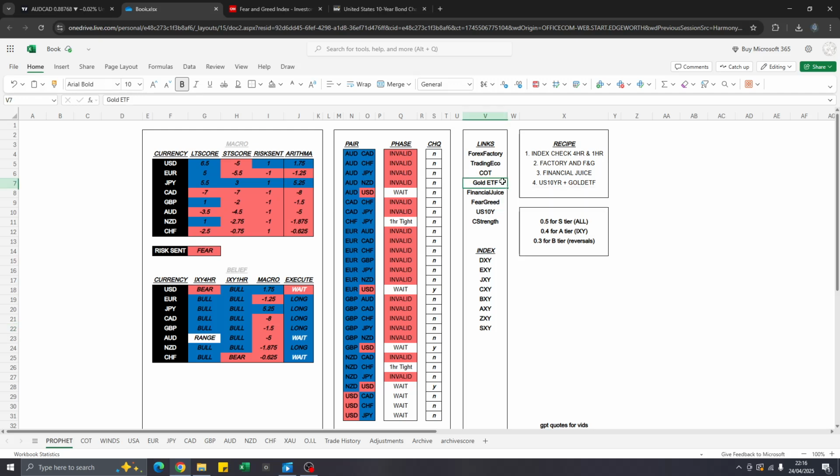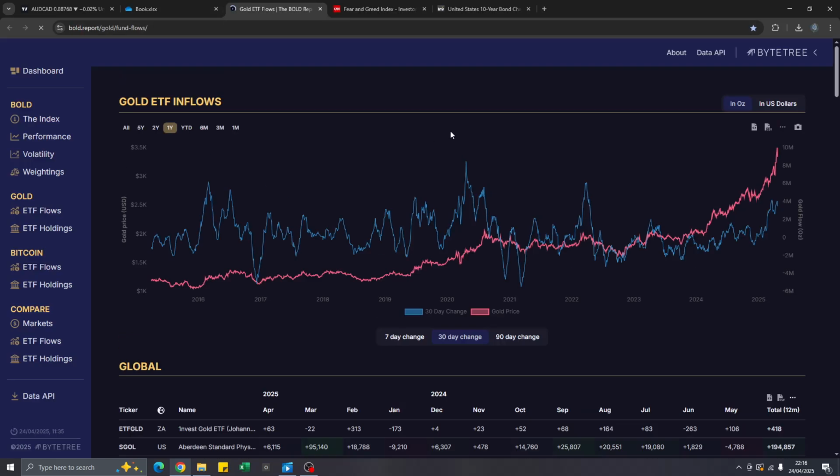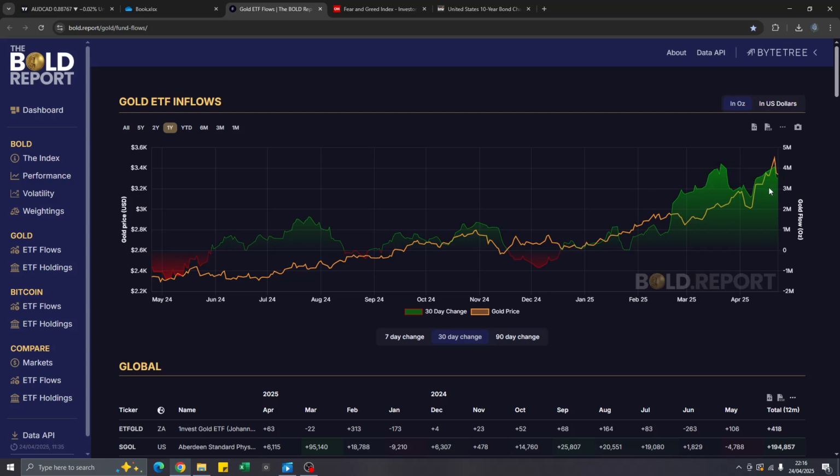Gold ETFs, look at this. Oops. Come here. Gold ETF, we are getting into the green. So my take on ETF flows is if price leaves the ETF flow, it's a good bullish indicator. I don't even understand how this works, but it works. These shift.